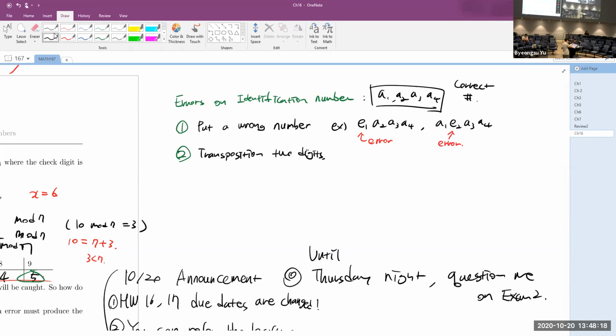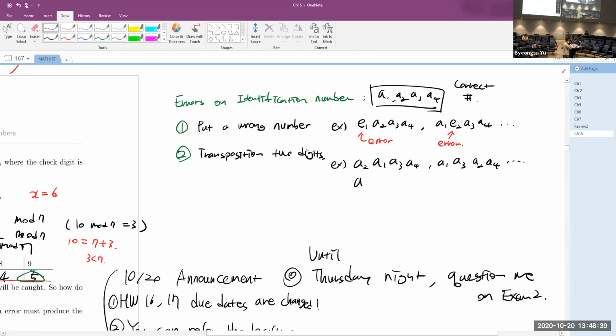Or sometimes all the numbers are correct, but you put them in the wrong order. For example, you can write down A2 first, then A1, A3, A4, or you can write down A1, then A3, A2, A4, and so on.